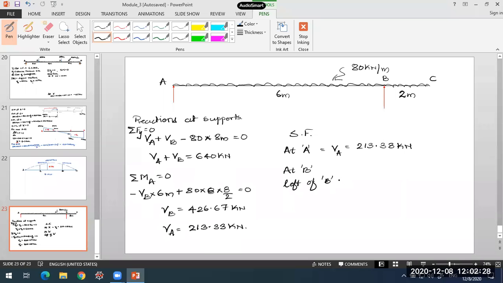Before I cross this reaction, left of B, it will be 213.33 minus, because of the UDL of intensity 80 kilonewton per meter over a 6 meter length up to B, 80 into 6. So this will be the value of shear force.